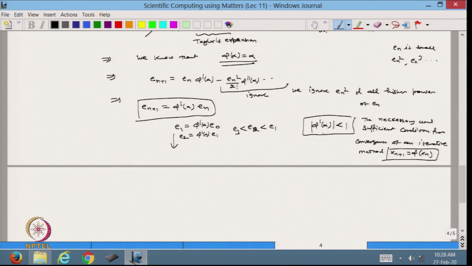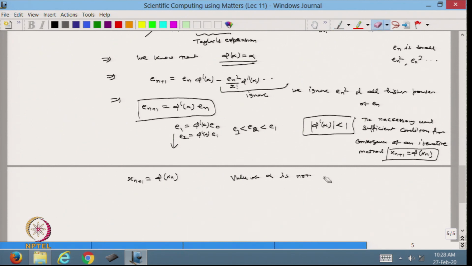It means that if I start with any iterative process, x n plus 1 equal to phi of x n, then I should first know the value of alpha, but this value of alpha is not available most of the time.